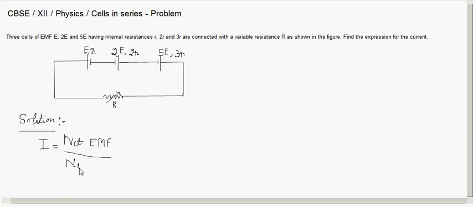First, let us find out the net EMF of this combination.